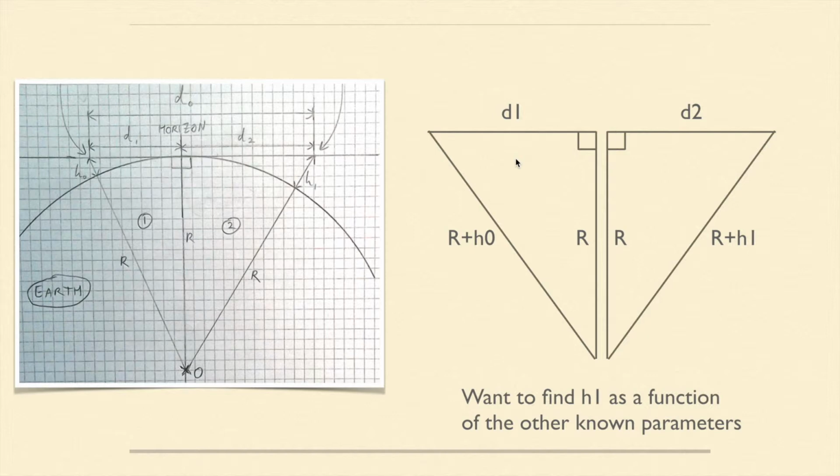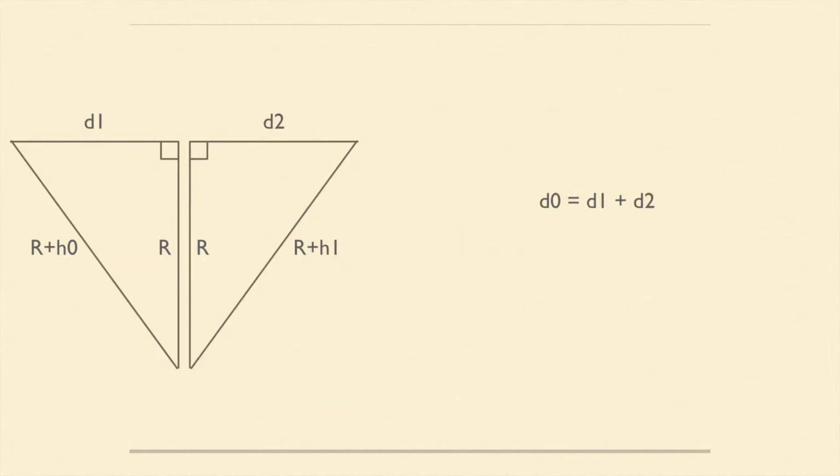And we want to find h1, which is the target hidden height, and we want to find it as a function of the other known parameters. So all the other parameters here are known. R is the radius of the Earth, and d0 is d1 plus d2. d0 is this whole distance, the distance to our target, and h0 is our eye height.